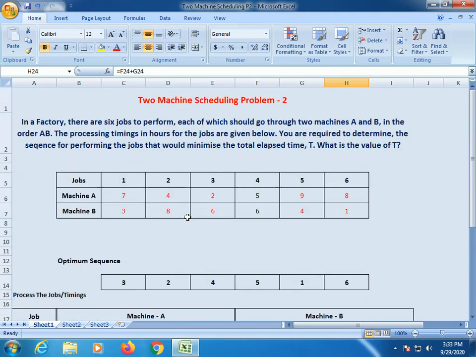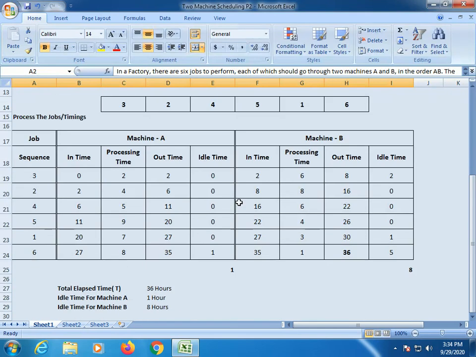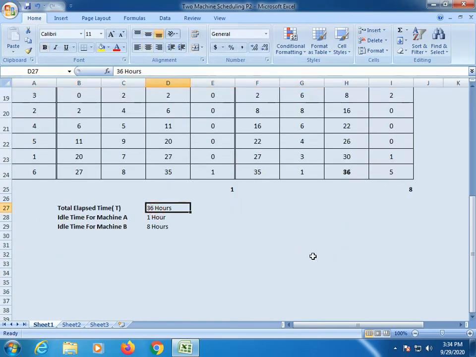Here we determined the optimum sequence, processed all the jobs and times, and with the help of the sequence and processing times we found the total elapsed time T, and the value of T is 36 hours.